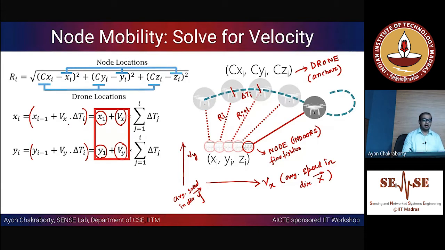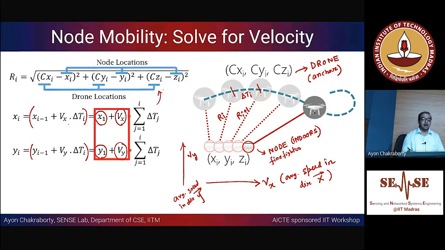Okay, and note that this has again become a linear equation, right? Xi is equal to x1 plus vx into this. But these are the expansions of xi and yi which are going to go in the equation on top. We still have to solve the nonlinear least square problem.